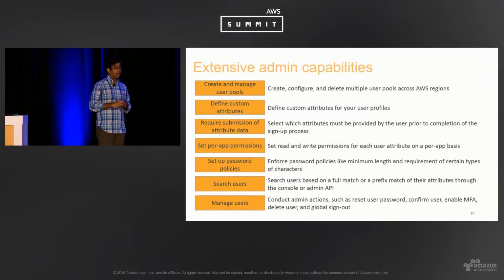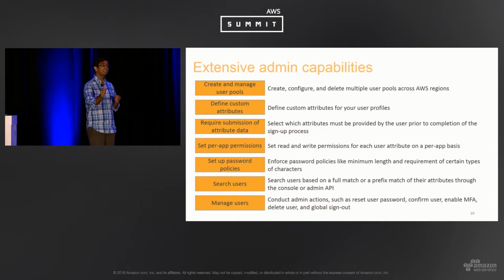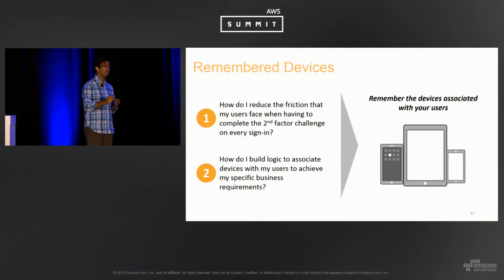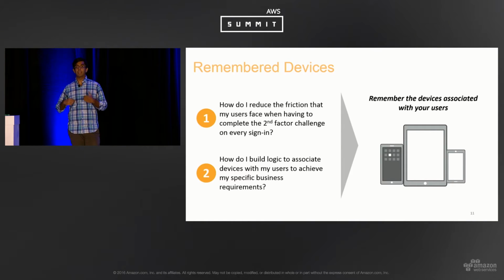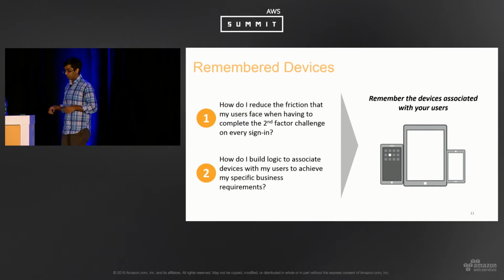Number 2, basically they wanted a way to associate devices that their users are signing in with to that user. So from that perspective, we introduced this functionality that allows you to remember the devices that your users use and associate that to the user in the context of the user pools feature from Cognito.